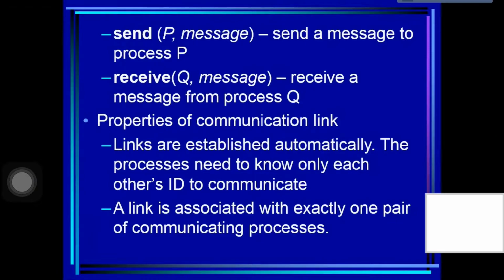A communication link in this scheme has the following properties. A link is established automatically between every pair of processes that want to communicate. The processes need to know only each other's identity to communicate. A link is associated with exactly two processes.